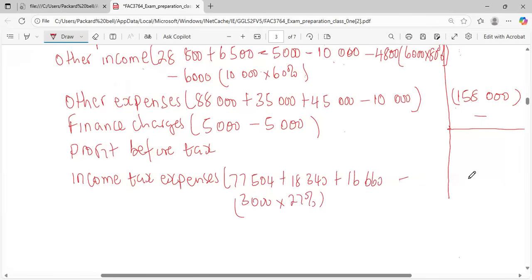So you are going to minus 810. How much are we going to have as our income tax expense? We add these three, then we minus 810.